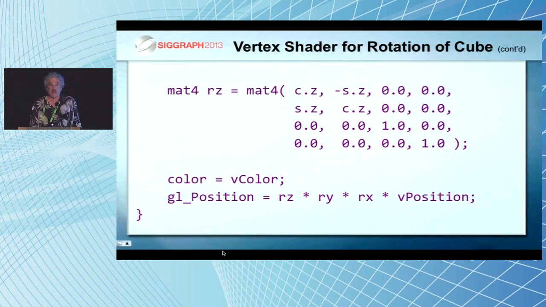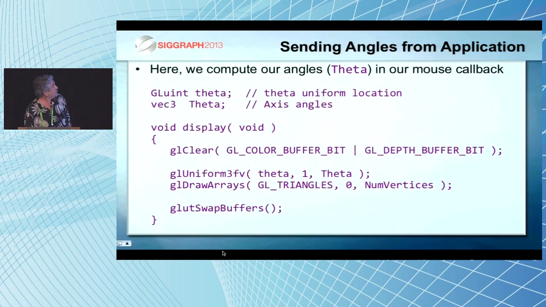I can send them in as uniforms. What I'm doing in this application is increasing one of them each loop. Whichever one you clicked on keeps incrementing until you click on another one of the buttons, and then it increments a different one. That's essentially that program. Here's the uniform that's sending it over.